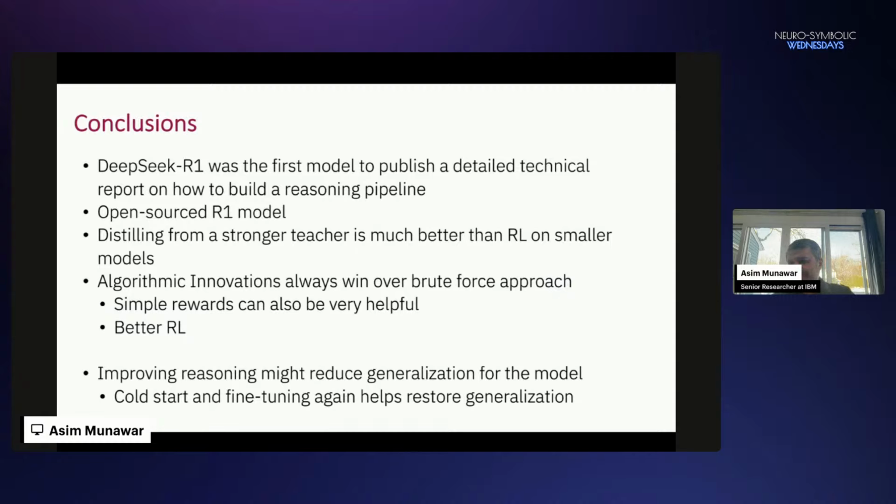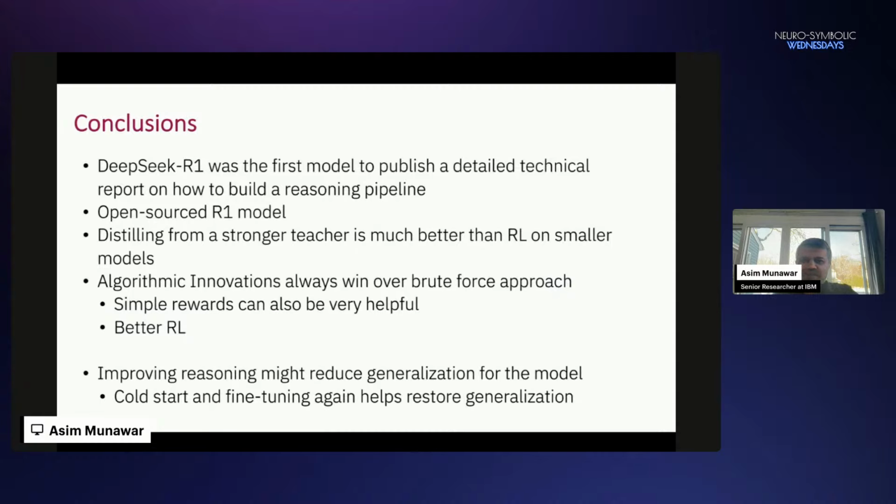One thing that the message here is that algorithmic innovations always win over the brute force approach, and that's what people missed before the R1 paper was published. There was a series of papers before. For example, even the DeepSeek math paper was published in April 2024, but did not get a lot of traction. So there are very cool algorithmic innovations going on along with the brute force approach that we can see clearly winning in the short while.